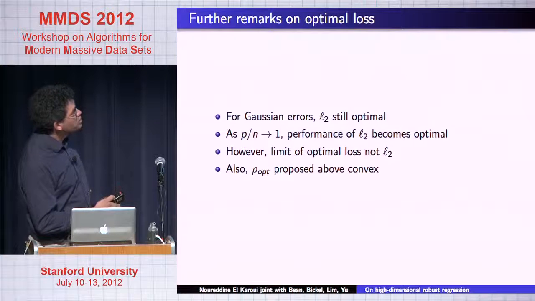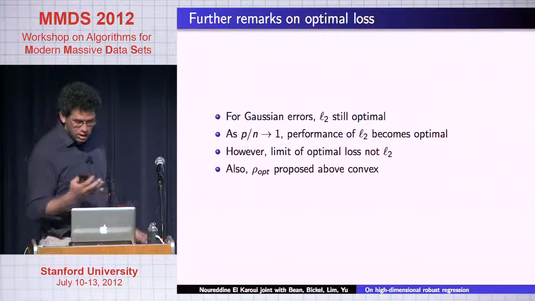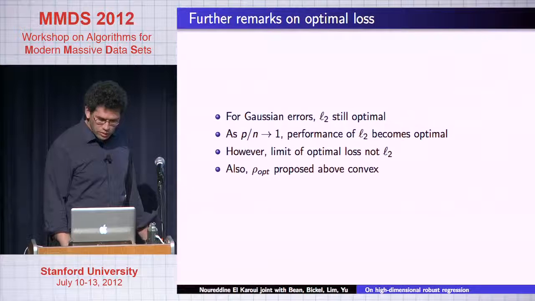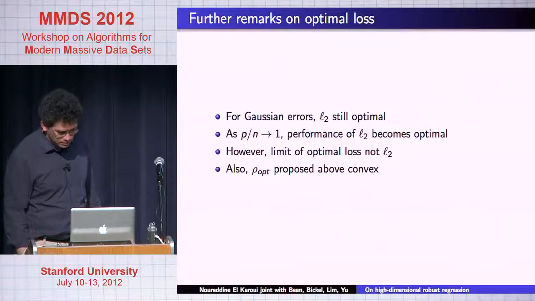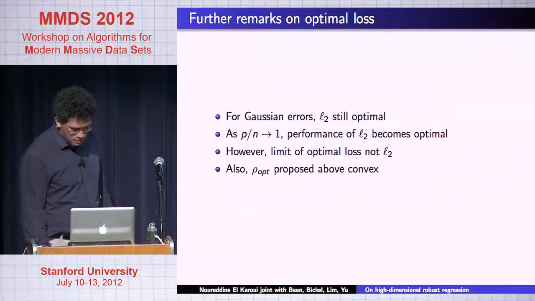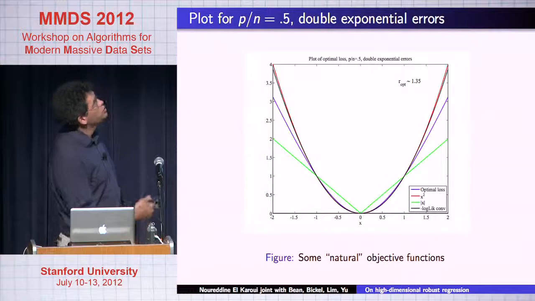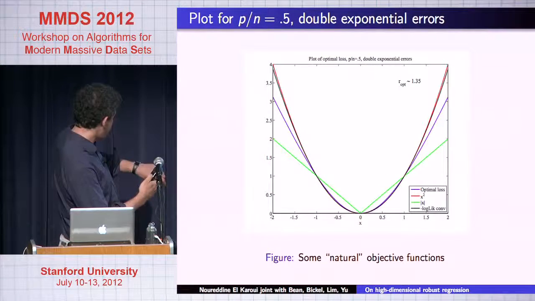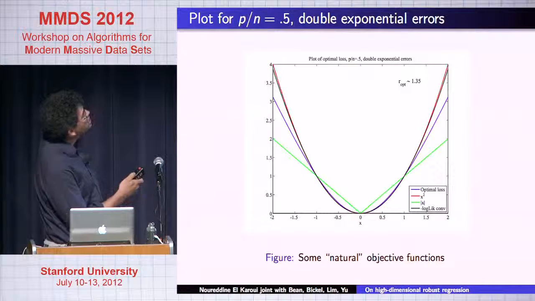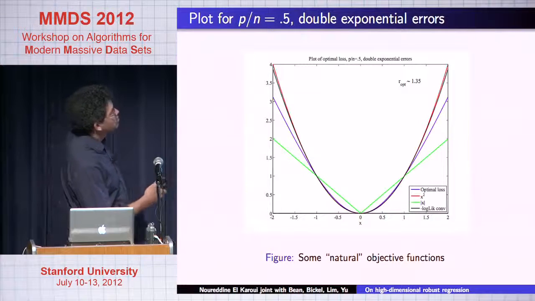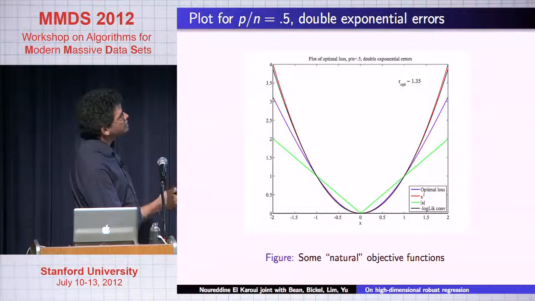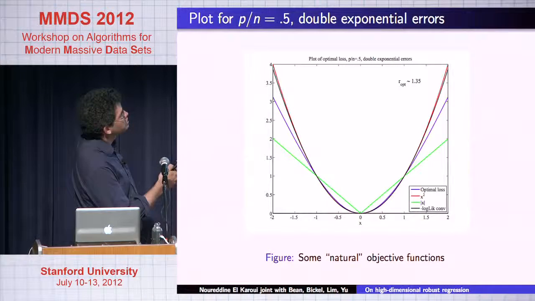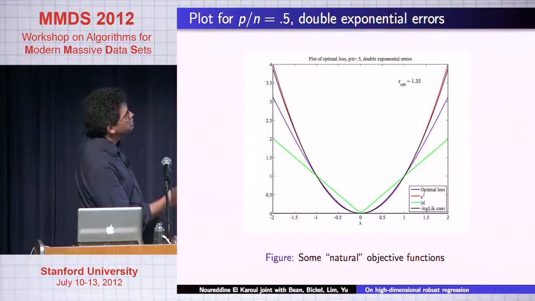However, the limit of the optimal loss is not L2. And also this rho opt proposed here is convex, okay, which is important. Okay, so here's a plot. This is for p over n is 0.5, double exponential errors. What I've plotted here is L1. So, okay, that's the classical theory of the setting where p over n goes to 0 tells us that that's the optimal loss to use.